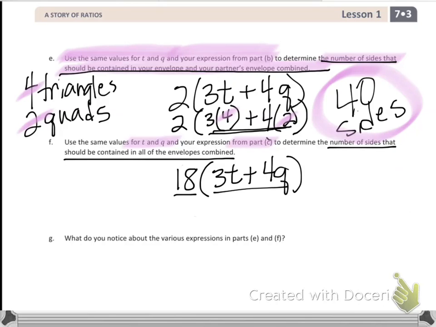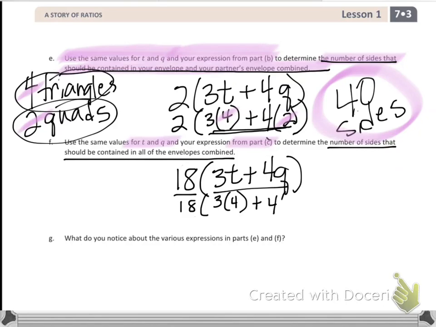And again, we have 4 triangles, 2 quadrilaterals. Again, merely plugging in, same thing. We're going to be doing the same exact thing as we did in E. I just want to do this again just so we get practice with it, especially those of you who are feeling a little bit shaky now.